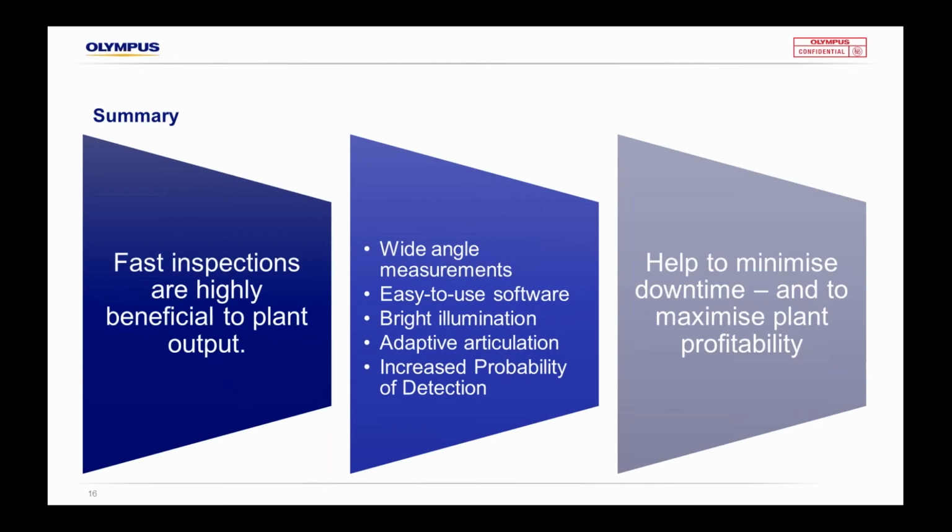If you're an inspection service provider, this means you can carry out more inspections and be earning more money more frequently. The ability to measure wide angles, the software and navigation and the understanding of the system itself is very, very simple.